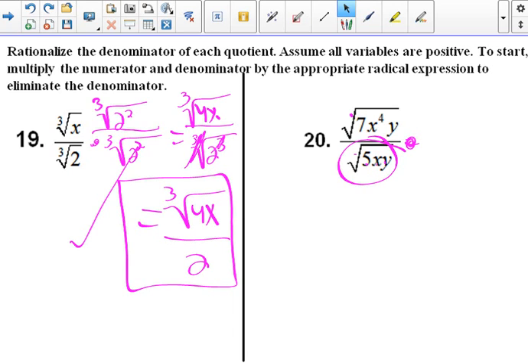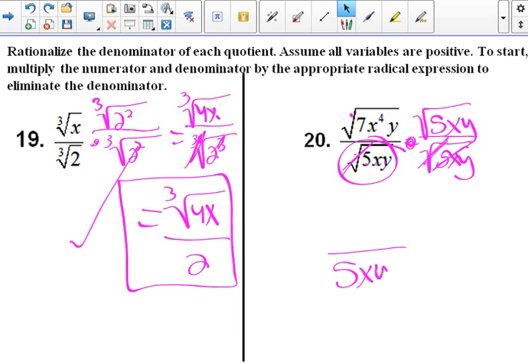Multiply times the square root of 5xy, and then we also have to do it to the top. Right? So that would clear our sign. And on the denominator, we're left with 5xy.